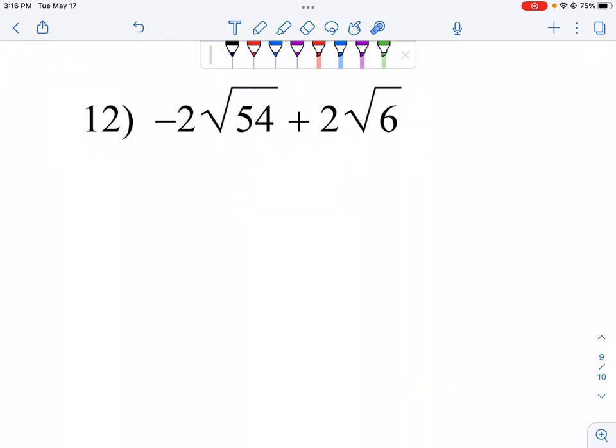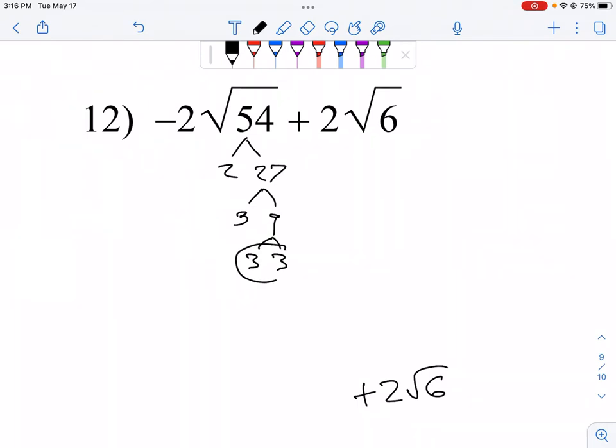Okay, and we already learned in the last one that rad 6 doesn't break down. So this is plus 2 rad 6 already. But let's break down 54. 54 can be 2 times 27. 27 can be 3 times 9. And 9 can be 3 times 3. So I have a pair of 3's that make it out to multiply with this negative 2.